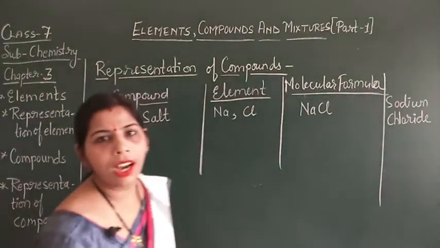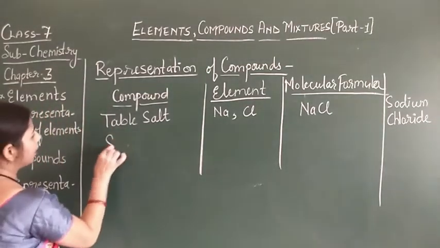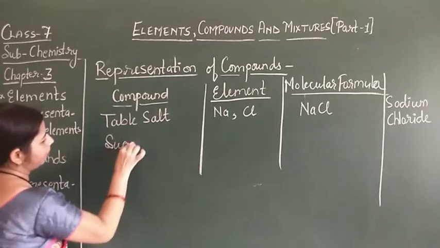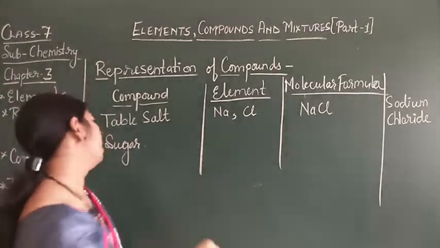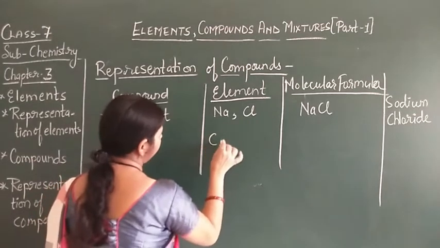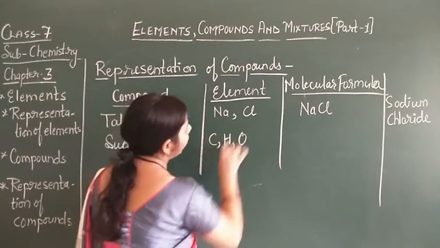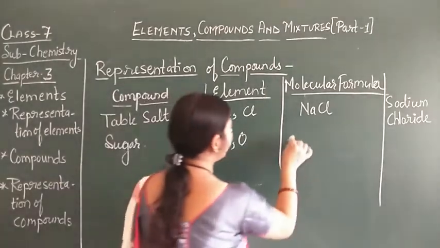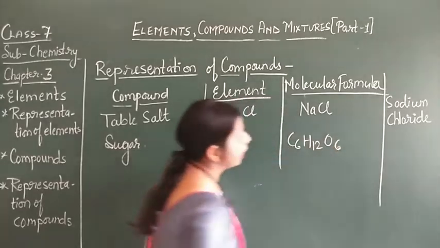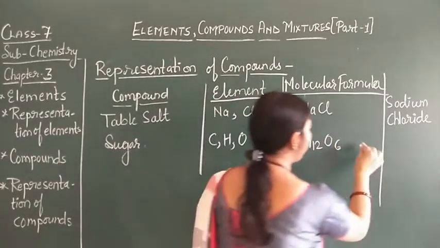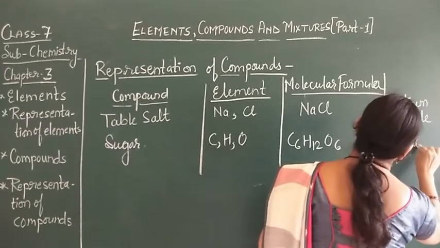Okay, now take another example. Suppose we take the example of sugar, which is also known as glucose. In sugar, the elements are carbon, hydrogen and oxygen. The molecular formula is C6H12O6, and the name is D-glucose.